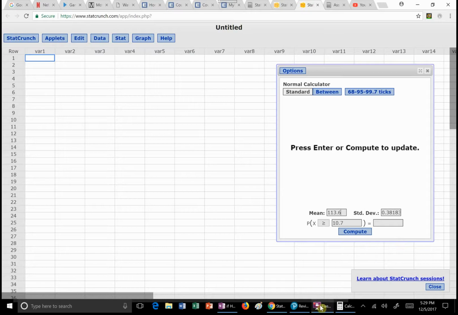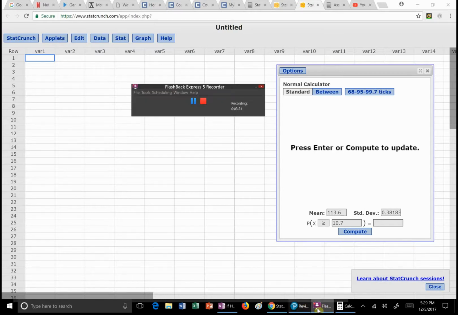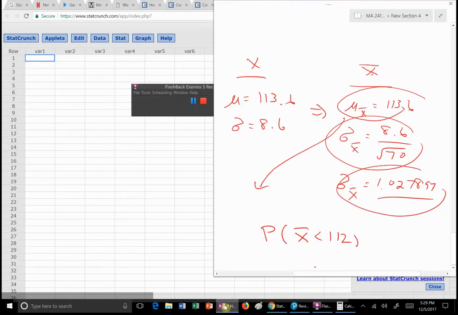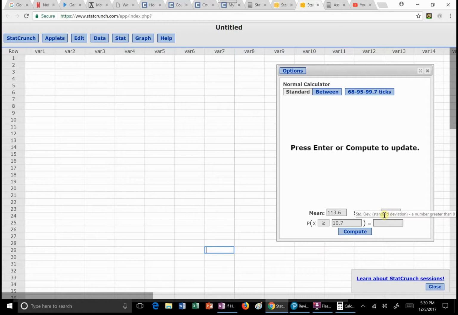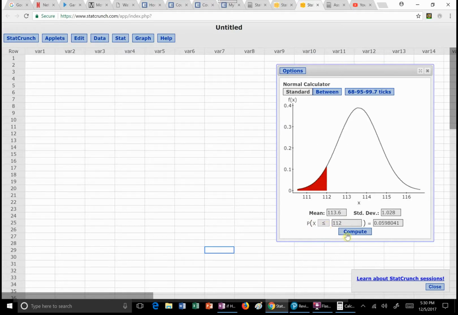And the standard deviation, we'll say 1.028. And we want to know what is the probability that we would see X bar less than 112. Okay. And so it's roughly 0.06, or 6%.